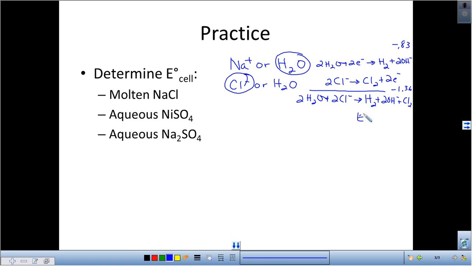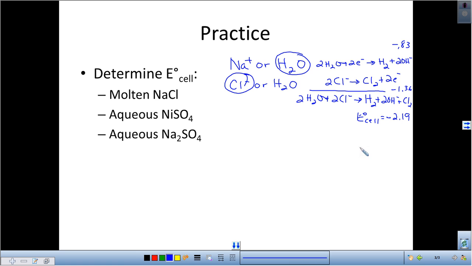And the E of this cell would be equal to negative 0.83 plus negative 1.36, which is negative 2.19. So, in that reaction with molten sodium chloride, the water is reduced, the chlorine is oxidized, and we get an E of the cell of negative 2.16.